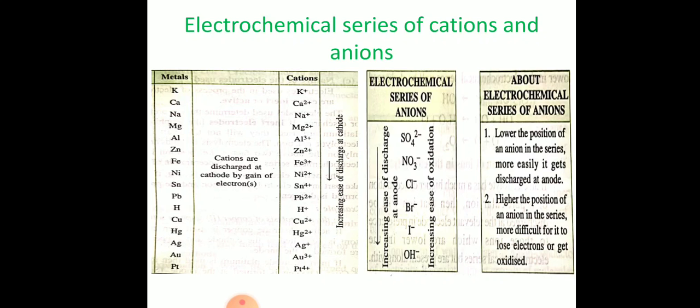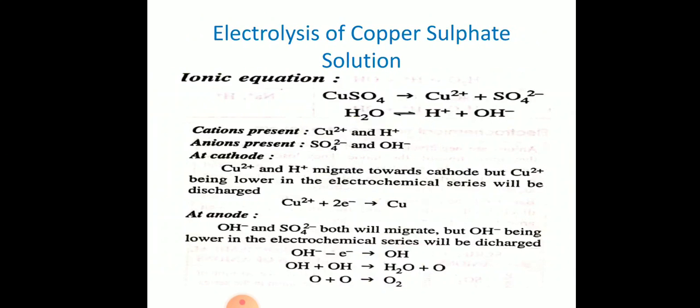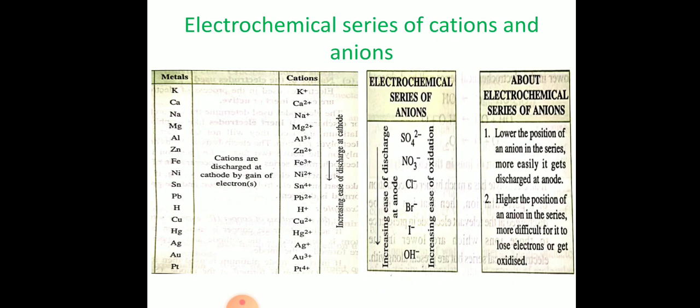Okay, got it? Now we'll see the electrochemical series of anions, for negative ions. It is the same thing. When we arrange the anions in this order, the lower the position of an anion in the series, the more easily it gets discharged at the anode. So here also it is the same as we saw for cations.